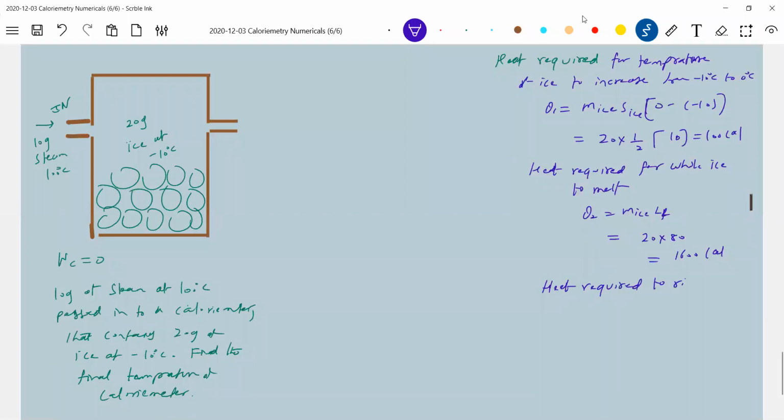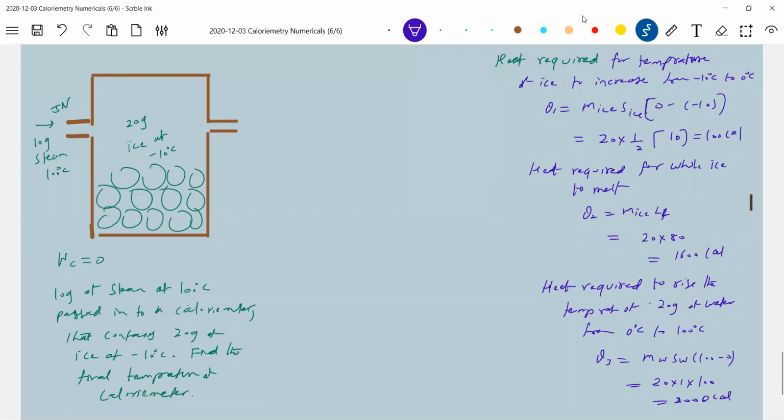Heat required to raise the temperature of 20 gram of water from 0 degrees Celsius to 100 degrees Celsius: mass of water 20 into 1 into 100. From where this Q1 plus Q2 plus Q3 should come? The steam. If all the steam condenses, how much do we know? 5400. Should all steam condense? No, only a part of steam.